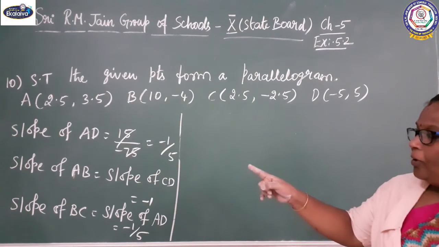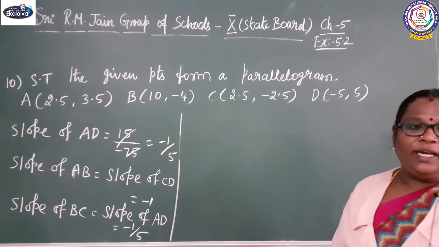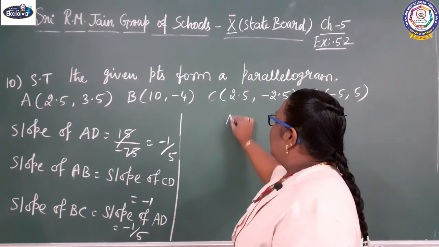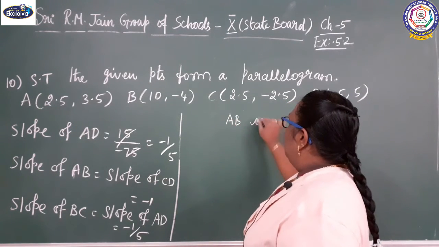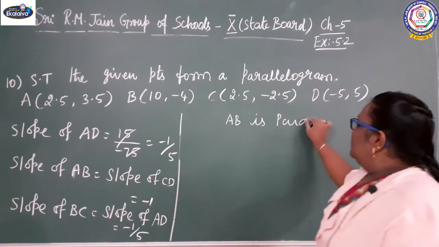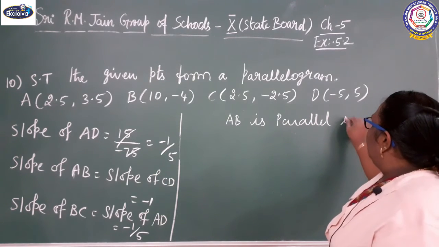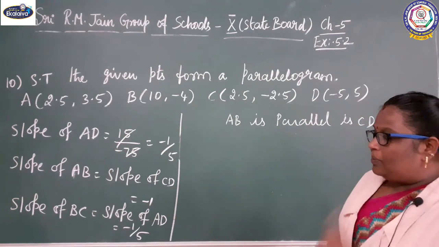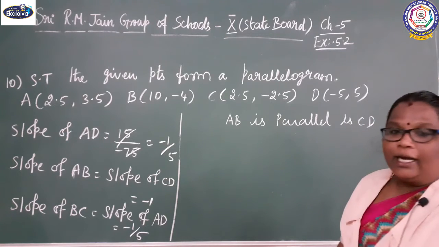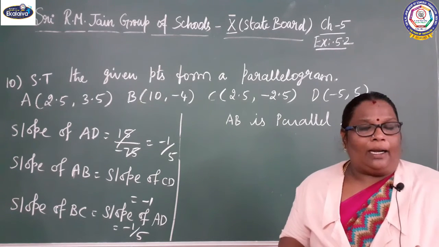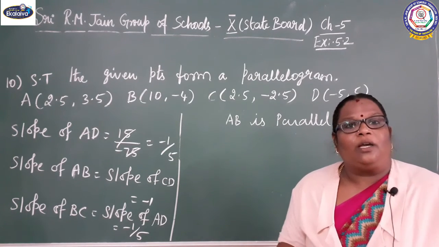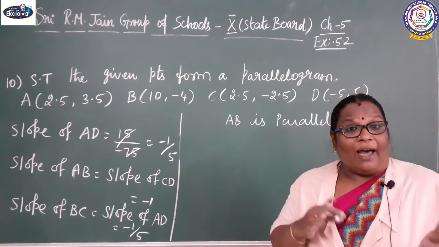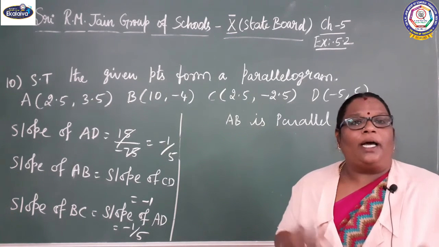See, the slope of AB equals slope of CD. So AB is parallel to CD. The same way BC is also parallel to what? AD, because the slopes are equal. If the slopes are equal, then the lines are parallel.